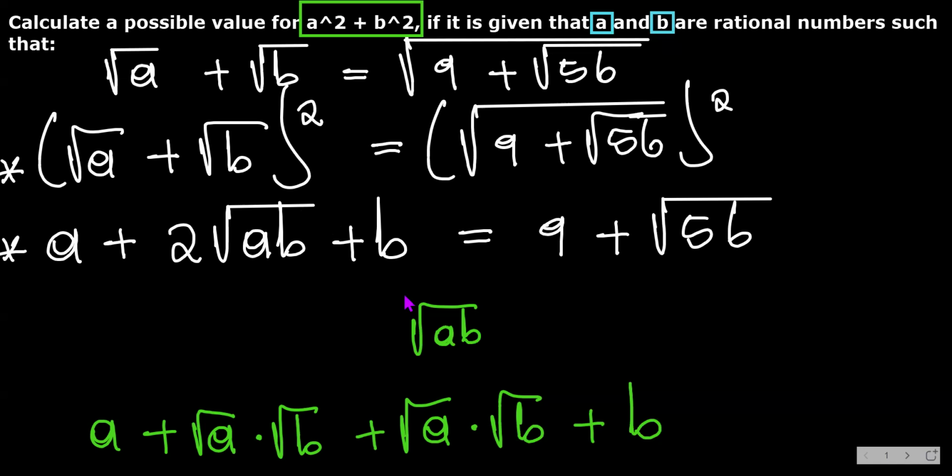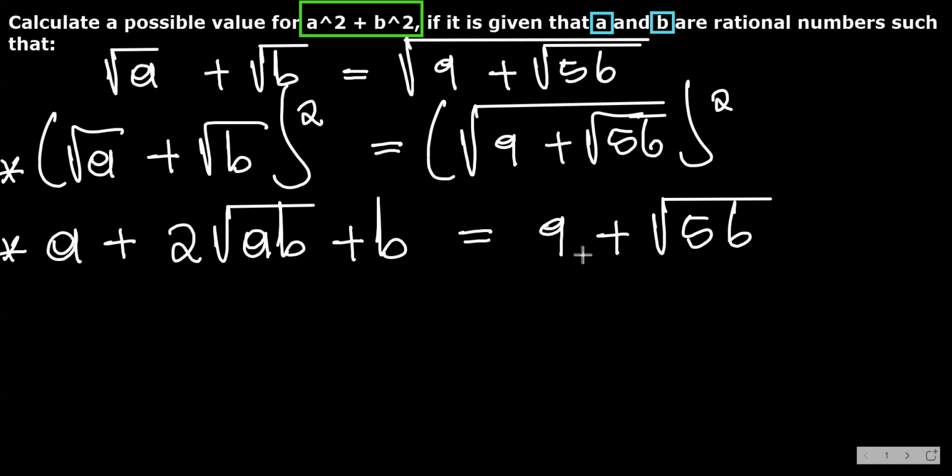Then the question is, where to from this point? Because the question is asking us to find a possible value of a squared plus b squared. So what are we going to say from this point? Well, we can choose to square on both sides for the second time.